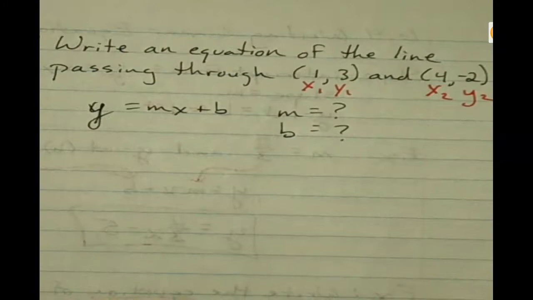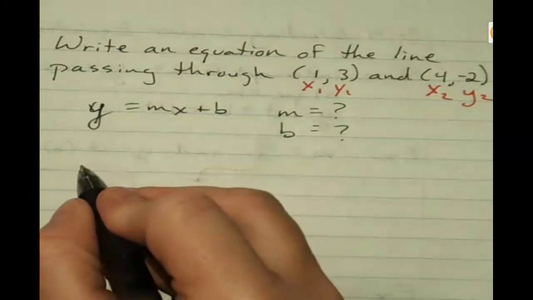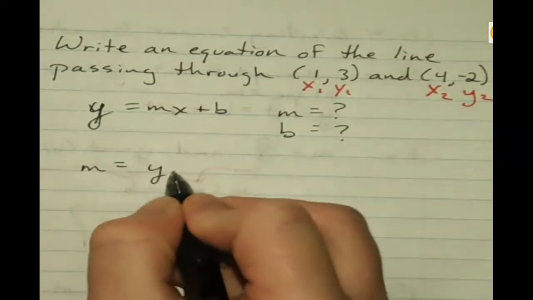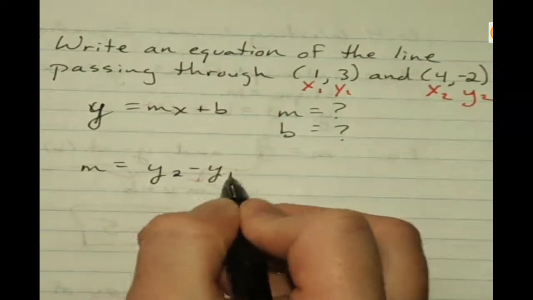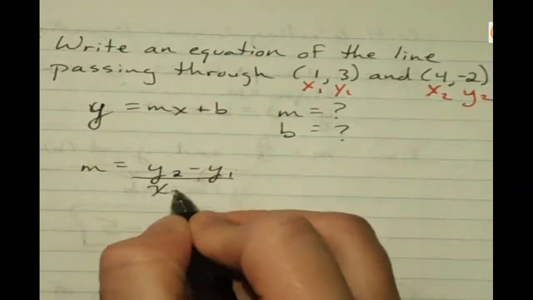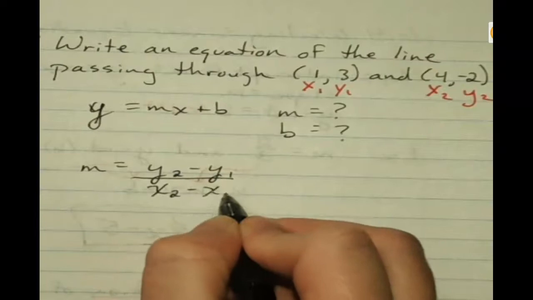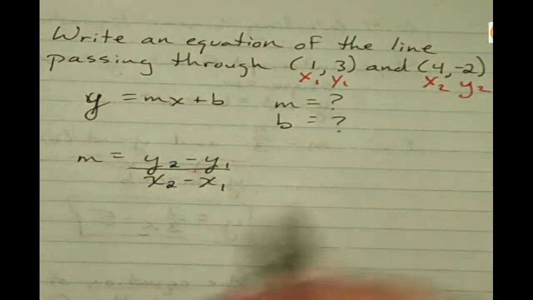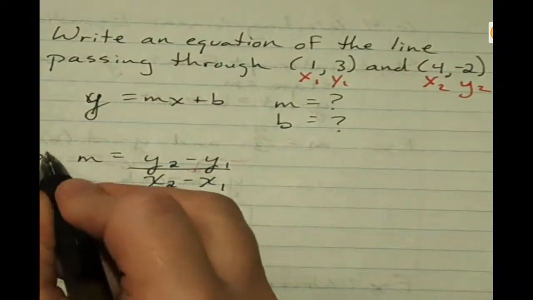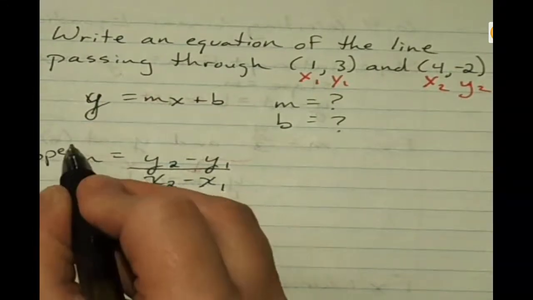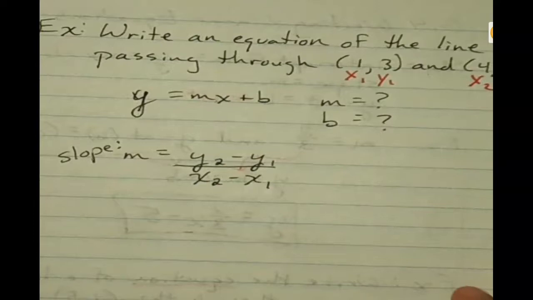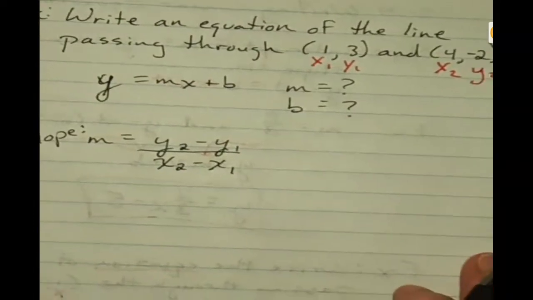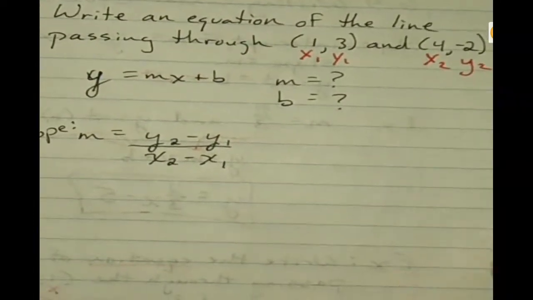Cecilia? y2 minus y1 over x2 minus x1. Perfect. So the first thing we're going to do is find the slope. And that's what this formula is right here. Slope. That's how you find the slope.